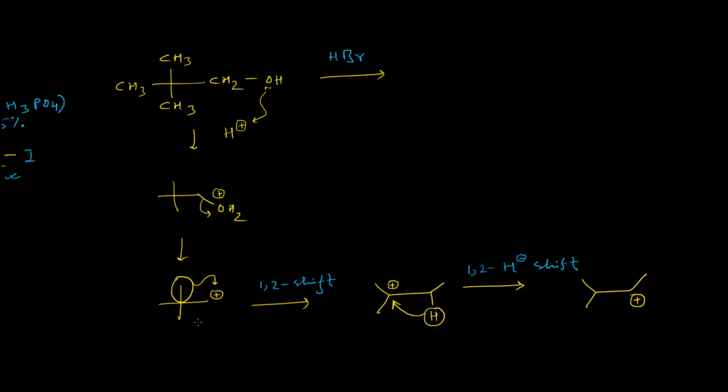So initially we got our primary cation, then the tertiary, and then the secondary, and now they will be attacked by the nucleophile present in the reaction mixture, which is of course the bromide.